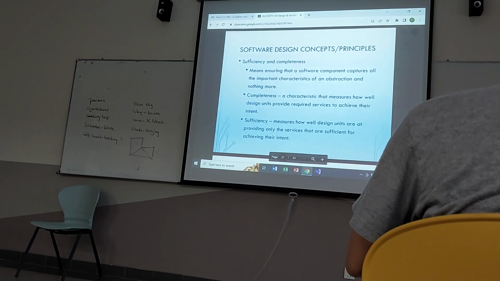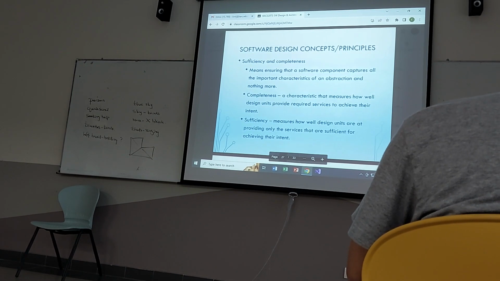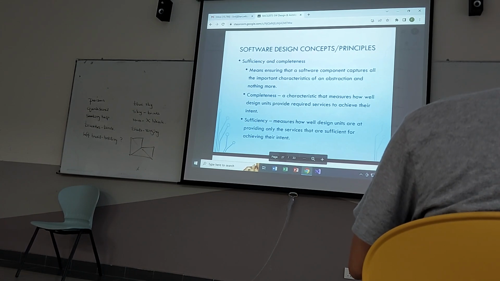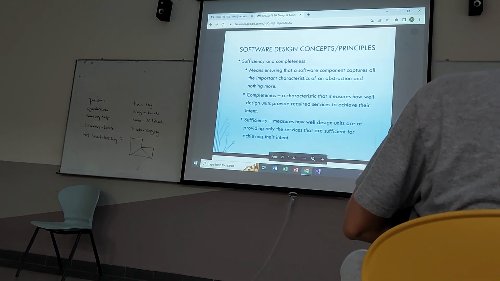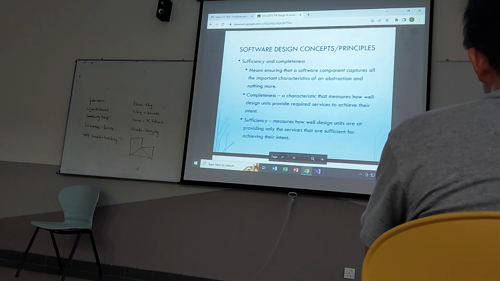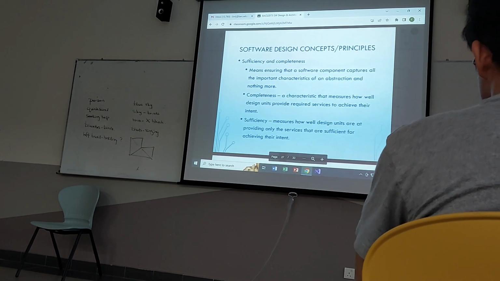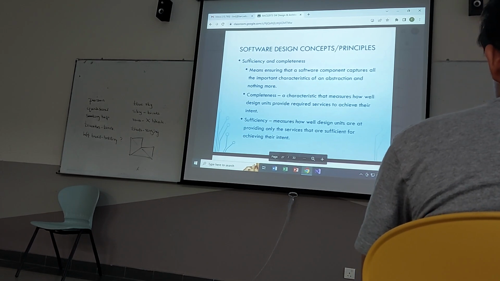Make sure your component is able to capture all the necessary information. Completeness: is your design able to achieve most of the specification? And sufficient, providing the necessary service to the user.